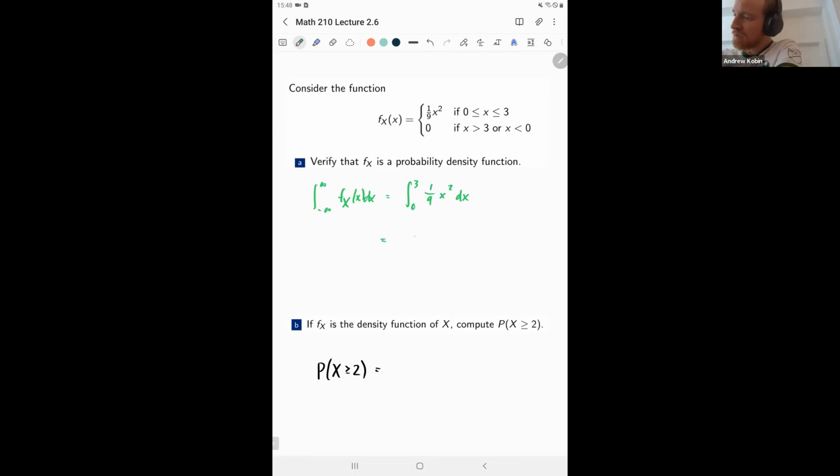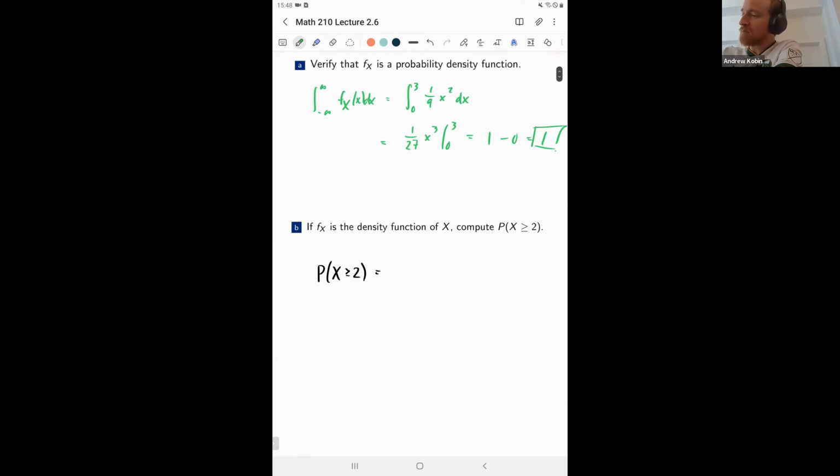This is 1/27 x cubed from 0 to 3. If I plug in 3, I get 27 over 27. There's our 1. And if I plug in 0, I get 0. So we got an integral of 1, which means that the total probability captured by this function is 1. That's what we want to happen. Something happens 100% of the time is usually how I think about this.